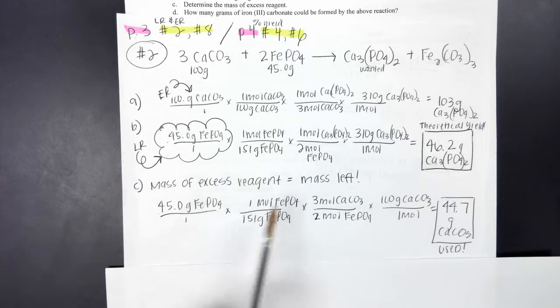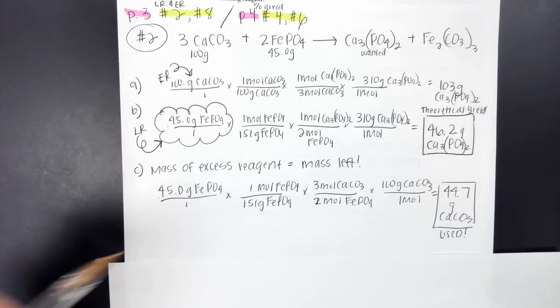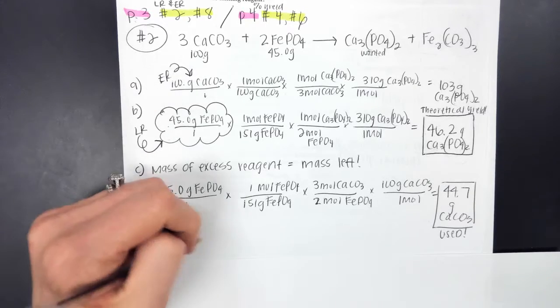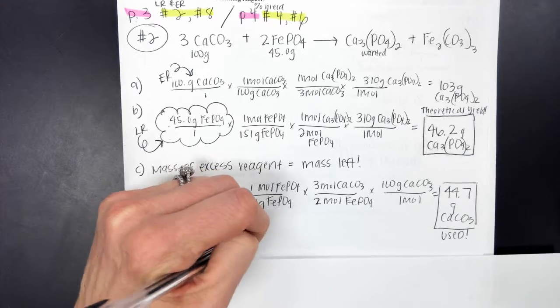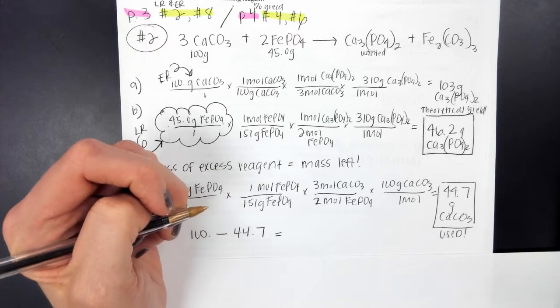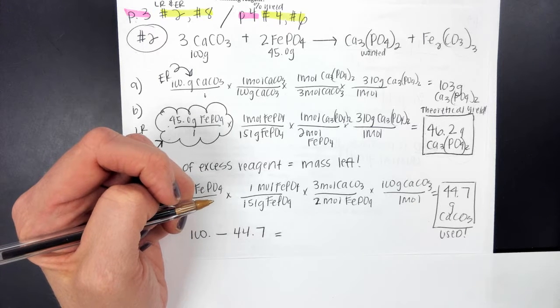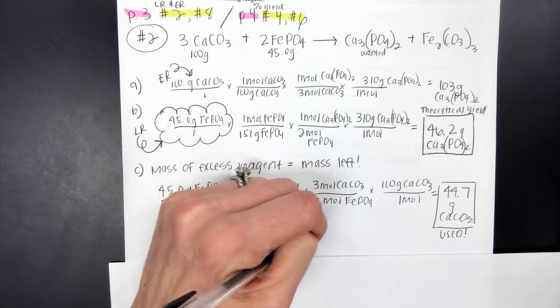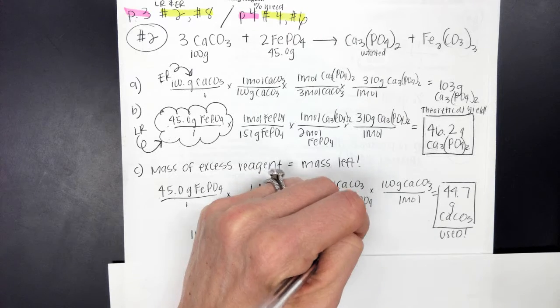But we want how much is in excess. Okay, so now we just take what we had. I had 100 grams. I used 44.7 grams, and that means that I have, you guys can probably do all that in your head, you smarties, 55.3 grams in excess.